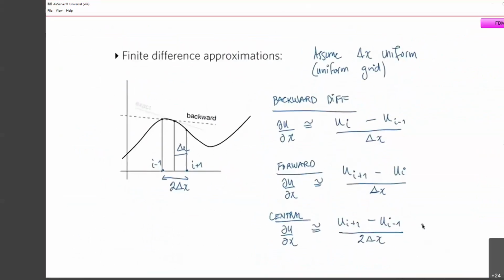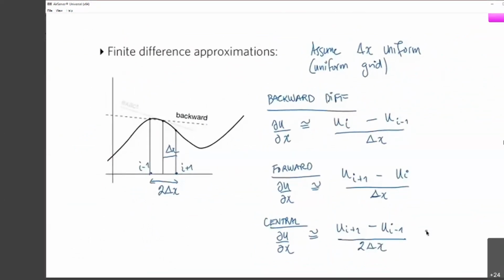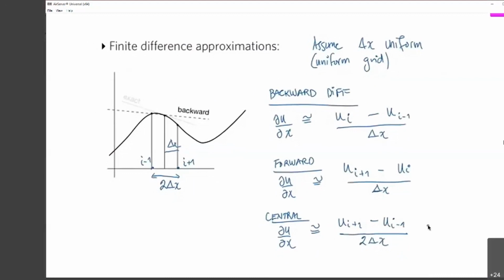Again, these are basically the equations that we looked at before, the definitions of the backward difference, forward difference, and central difference. If you look over here, ui and ui minus 1 for backward difference, what you are going to get is basically this. So this is for backward difference.